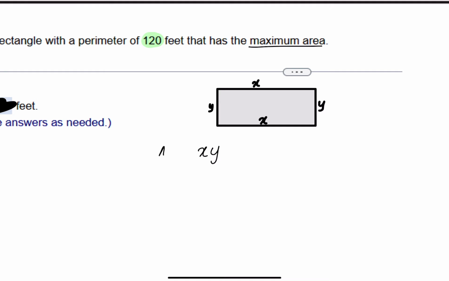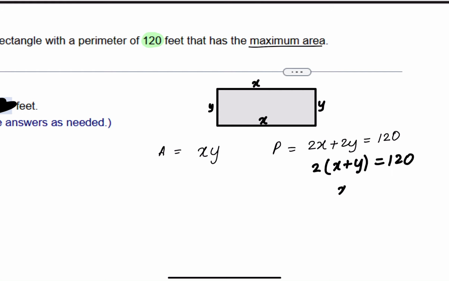This is the area. And my perimeter is 2x plus 2y. And they told me that the perimeter is 120 feet. So if I factor the 2 out, x plus y is 120. And my x plus y divided by 2 is 60.